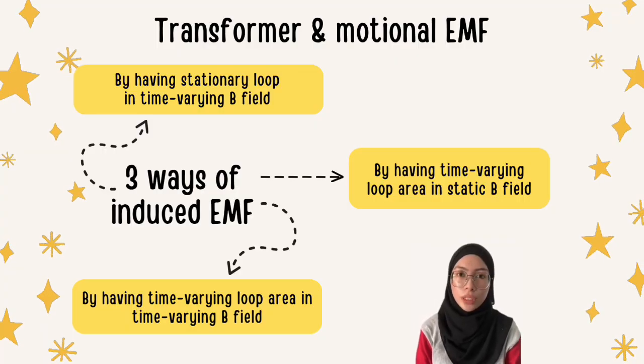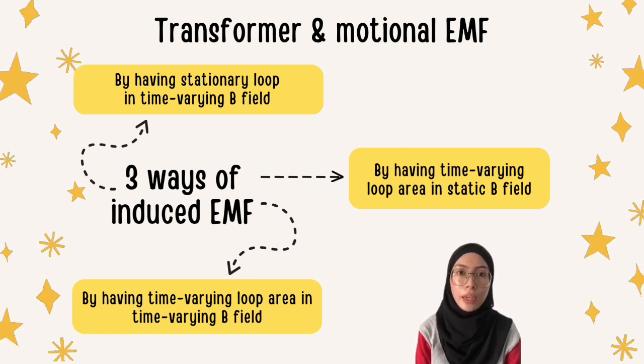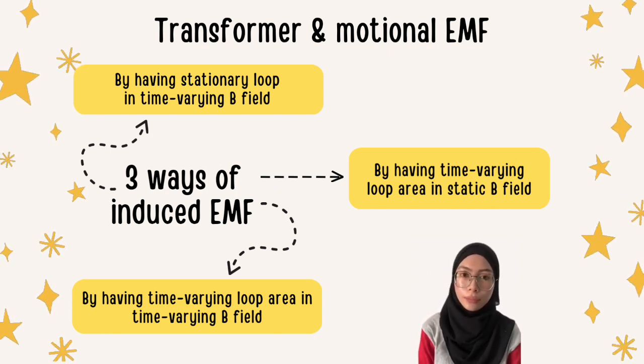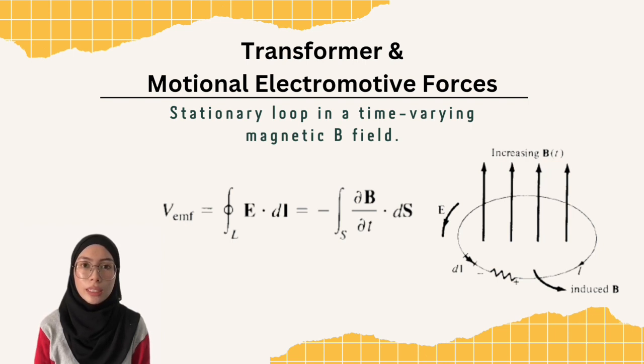The three ways of inducing electromotive forces are: first, by having a stationary loop in a time-varying B field; second, by having a time-varying loop area in a static B field; third, by having a time-varying loop area in a time-varying B field. So now we consider a stationary conducting loop in a time-varying magnetic B field. The equation becomes V EMF is equal to the integral of E dot dl, which is equal to the negative of the integral of dB over dt dot dS.